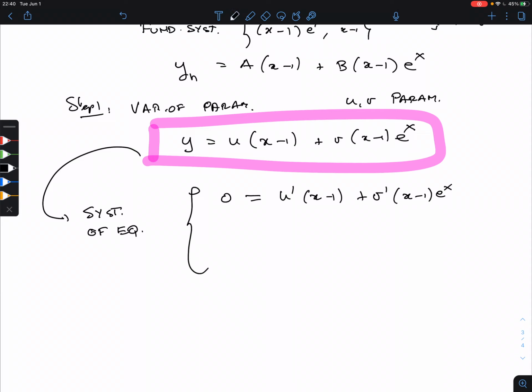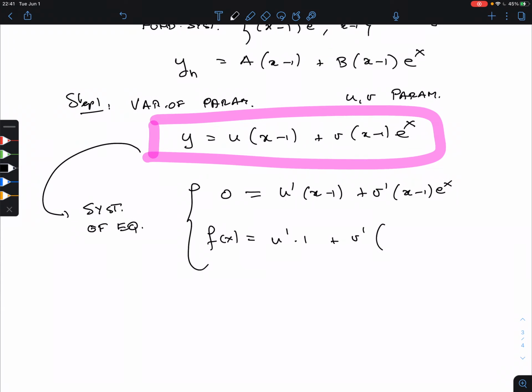And the other one is, and now you have to be careful, f of x is equal to, what we now do is copy these guys, but take the derivatives of these things. The derivative of x minus 1 is 1, plus v prime, and the derivative of this product: derivative of x minus 1 is 1, plus, now I copy the first and take the derivative of the second. Now this is actually nice, right? This is e^x plus x e^x minus e^x, so you see that this cancels.